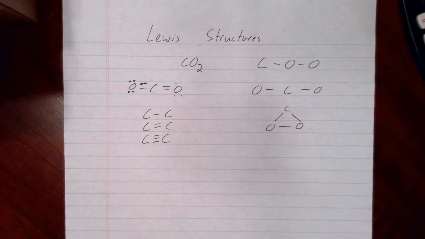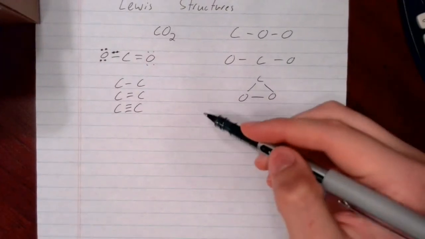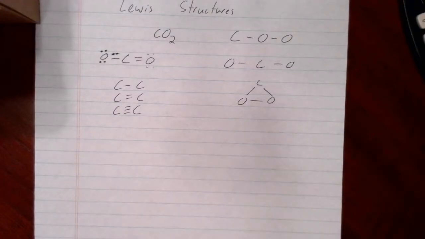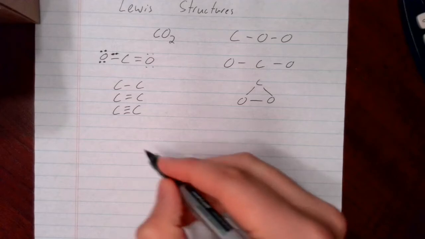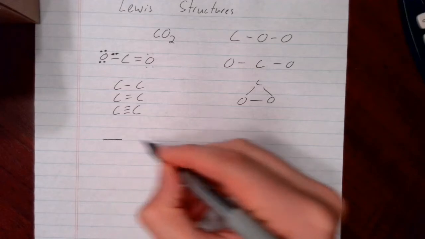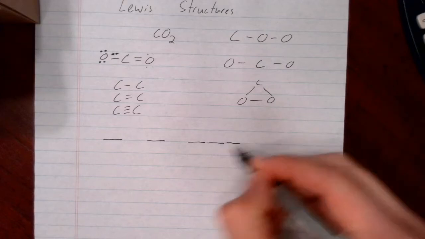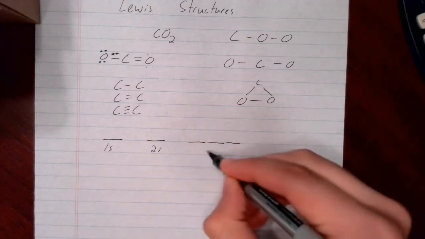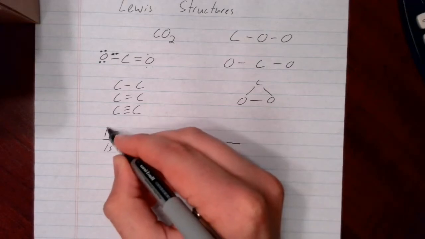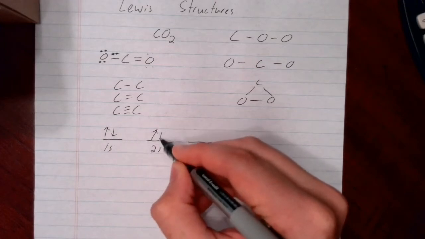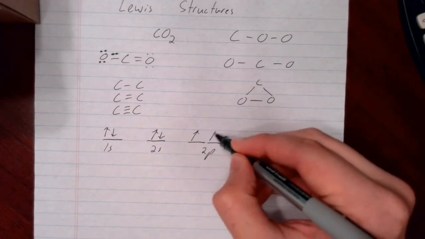So just to make sure we're on the same page about what's going on here, if you have these 2 fluorine atoms, it shows the orbital diagram for fluorine. So let's go ahead and review an orbital diagram, what that is. So the electron configuration for fluorine, you should remember, would be 1s2, 2s2, then 2p5.